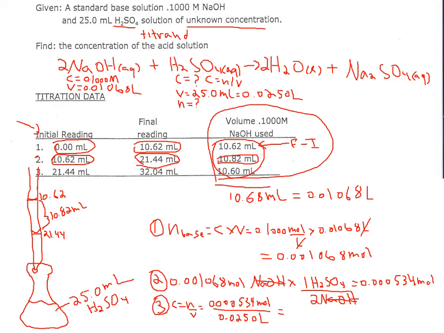And we get 0.02136 molar. But how many sig figs do we need? It looks like we need 3 sig figs based on our question. So we'll have 0.0214 molar. And so the concentration of our H2SO4 is 0.0214 molar.